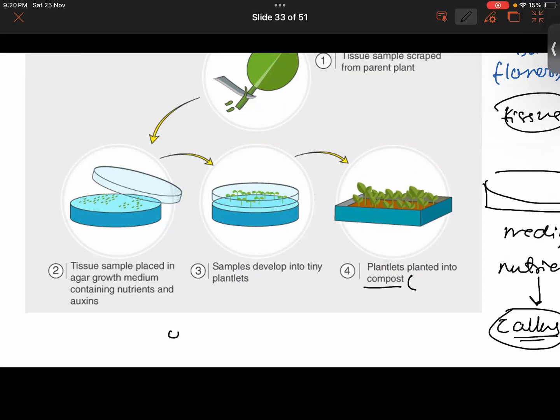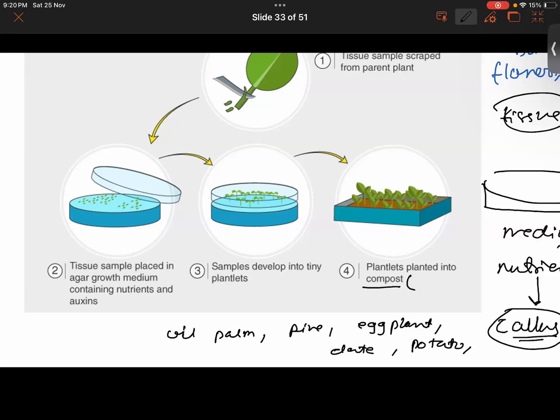So for plants like oil palm, pine, eggplant, date plant, potato, sweet potato, also banana, and I think tomato is also there.